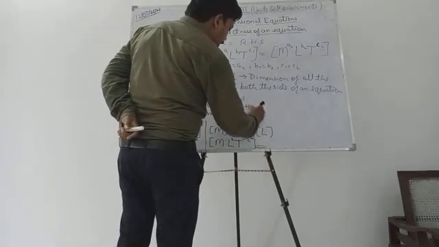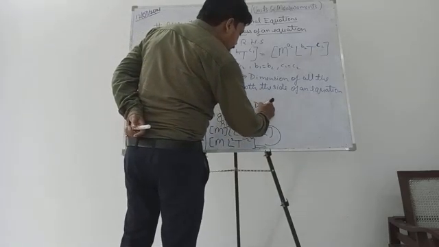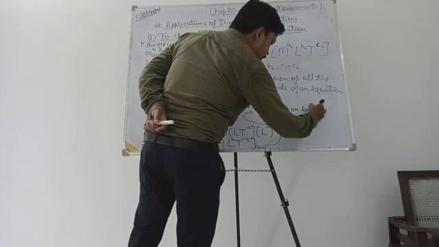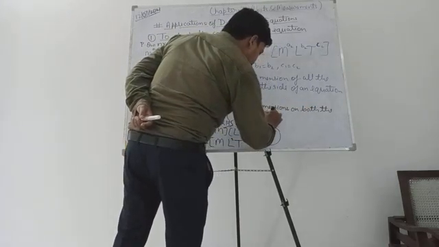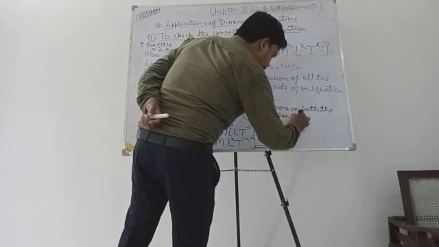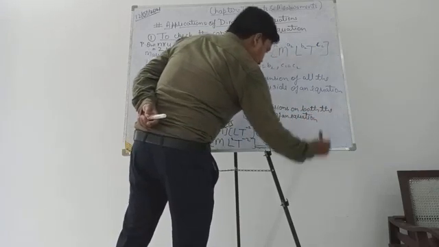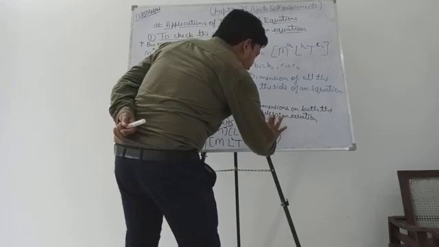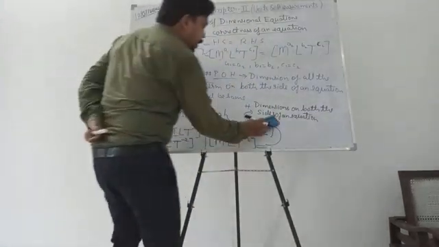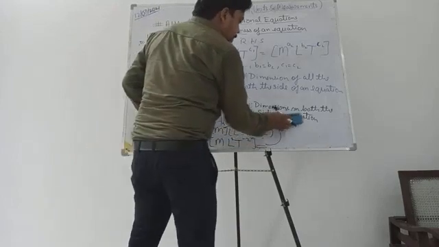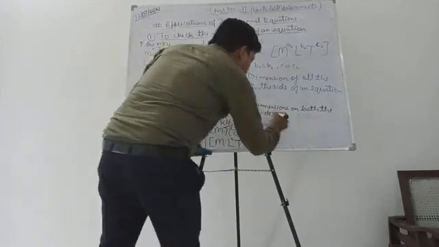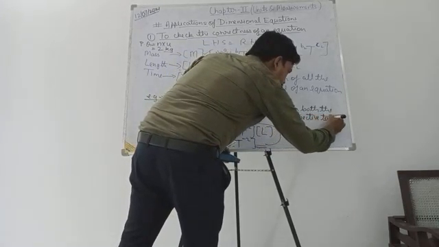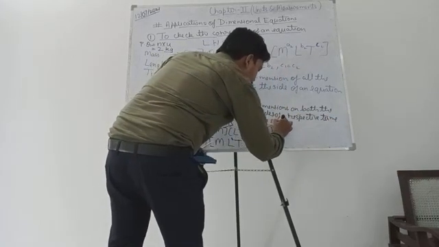So we can conclude that the dimensions on both sides of an equation, or better to say the dimensions of the respective terms, are the same.